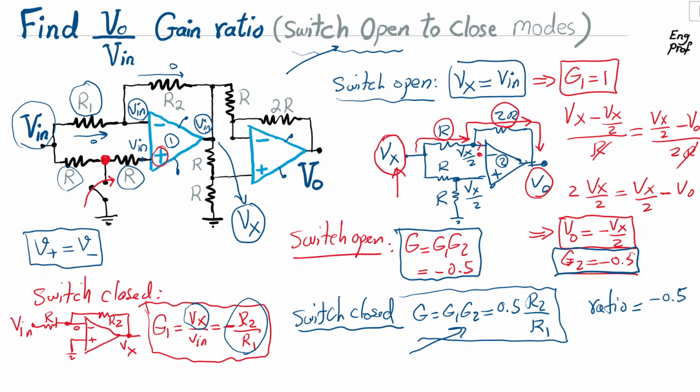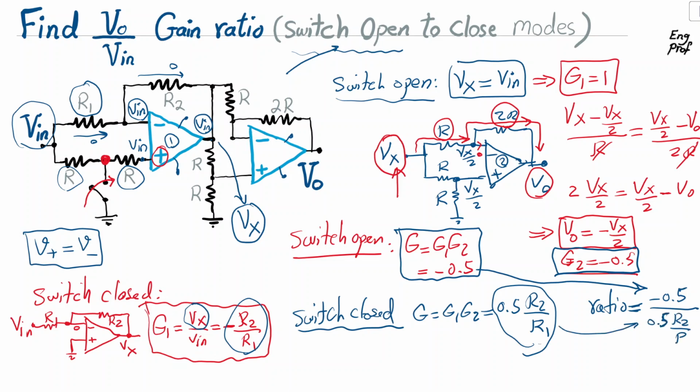So I'm going to use this value, divided by this value: 0.5 over R2 over R1.